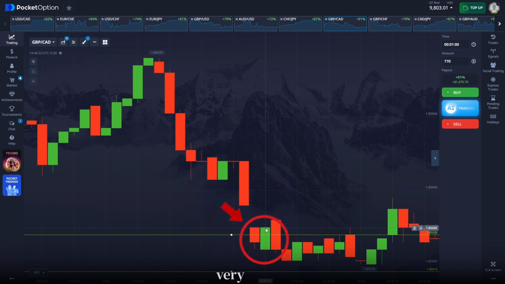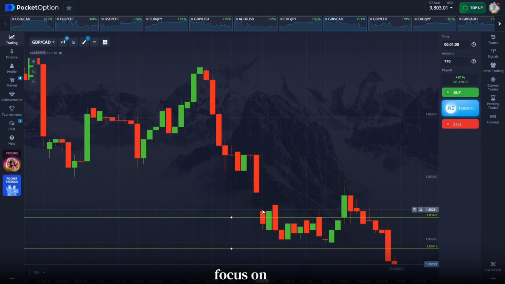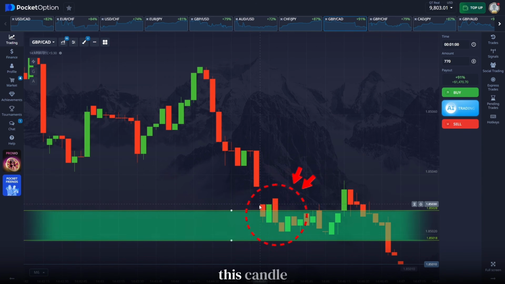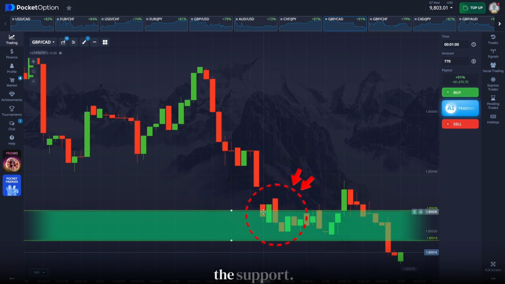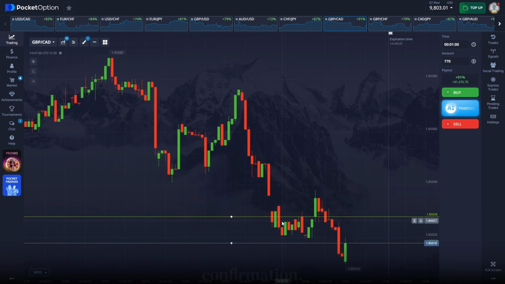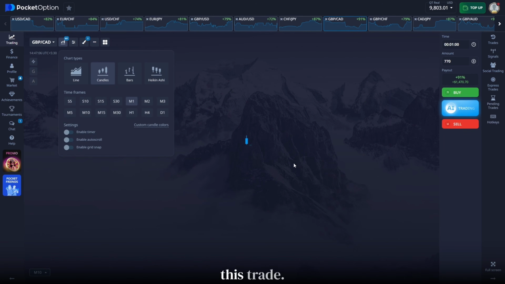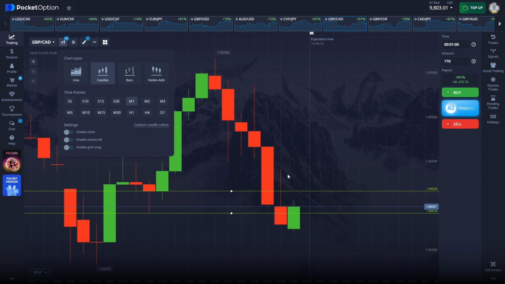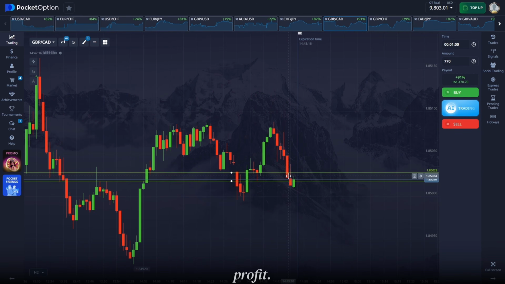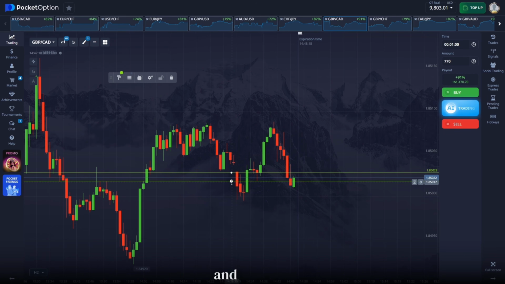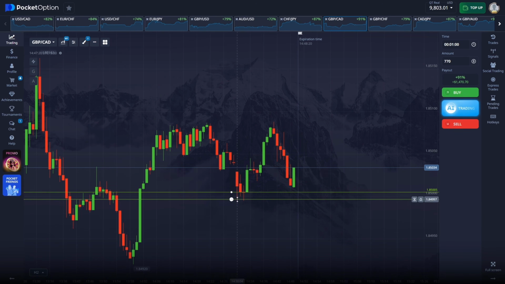Although this is not a very strong confirmation, it is a similar size candle, but if you focus on the formation, this candle formed as soon as price hit the support. So it was a genuine confirmation, and that's why I placed this trade. And I booked profit. It was a good setup.